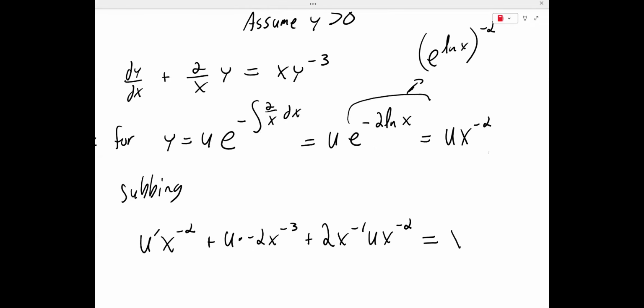And then over here, now I can remember to do substitution right over here. This is x. Now the y then is this here. So that's u times, okay, so x times then, what's the y? The y was u x to the negative second, raised to the negative third then.